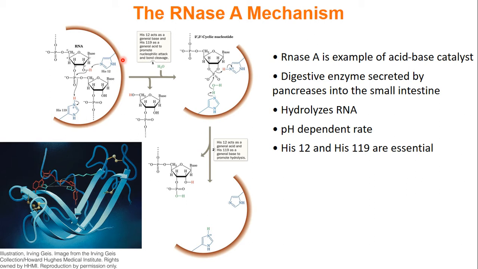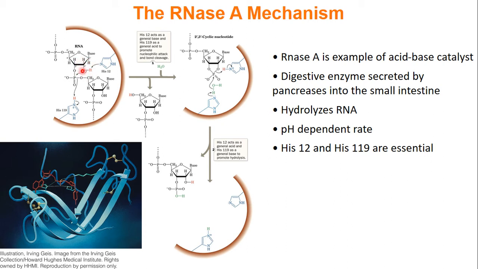So let's take a look at RNase A, which is an enzyme that is secreted into the small intestine, and it chops up RNA. So here we have RNA, and His12 and His119 are going to be important here. So here, His12 is acting like a base, taking the hydrogen from the 2' position of RNA.